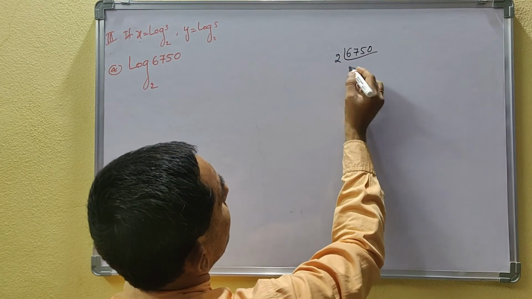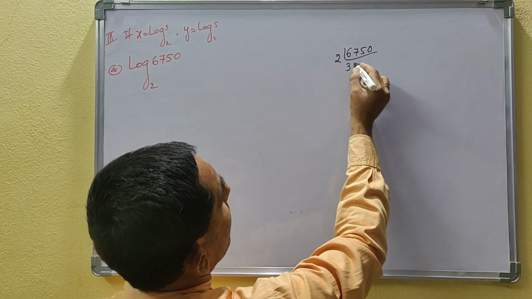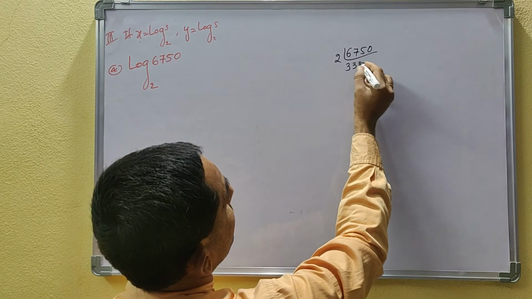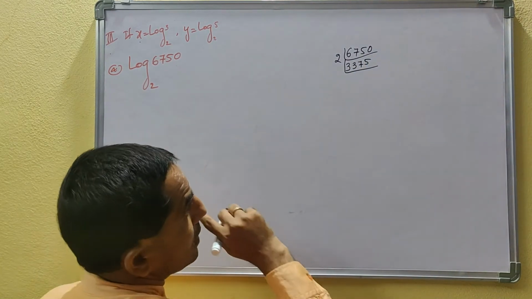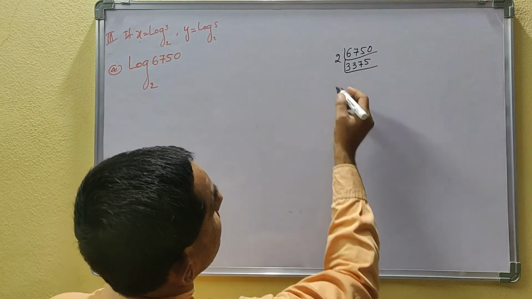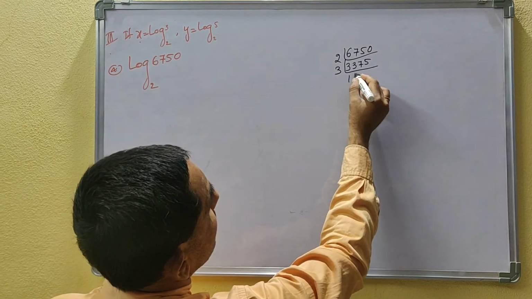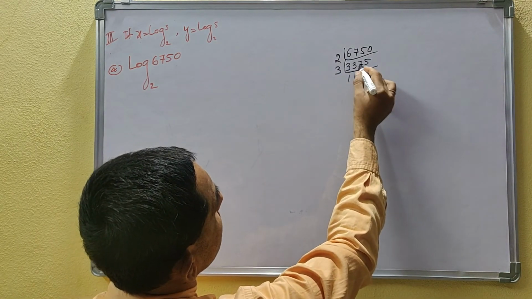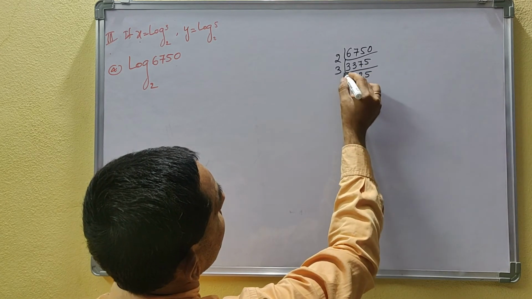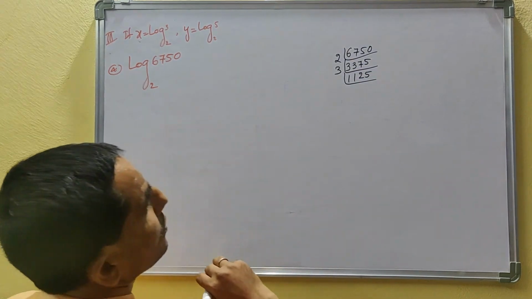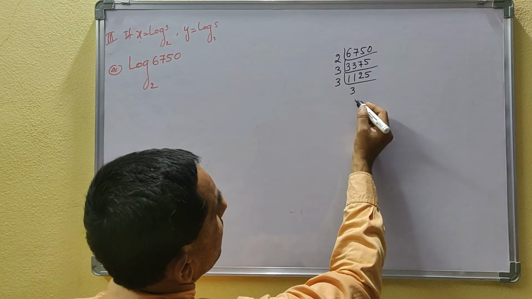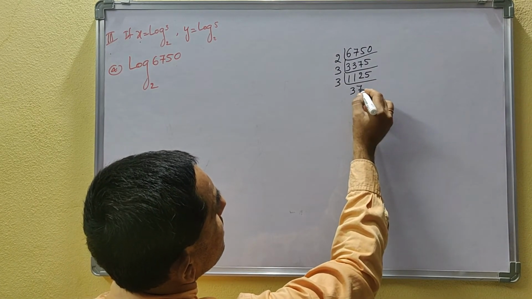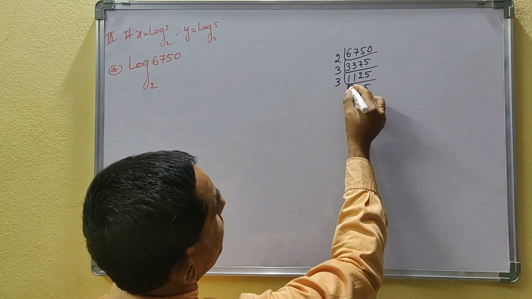So 6750, find the LCM. First I am taking the 2 table. 2 3s are 6, again 2 3s are 6, 15, 2 7s are 14, 2 5s are 10. Next 3 table. 3 1s are 3, again 3 1s are 3, 3 2s are 6, 3 5s are 15. Next again 3 table. 3 3s are 9, 3 7s are 21, 3 5s are 15.